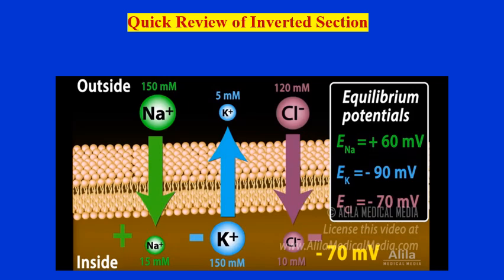When you look at equilibrium potentials for sodium, you will see that when all of the concentrations and electrostatic interactions are taken into account and you open all of your sodium channels, the membrane potential is going to tend to go to the positive side.